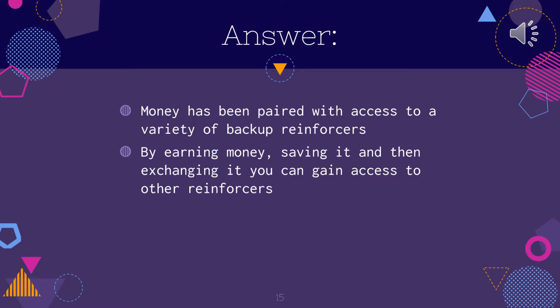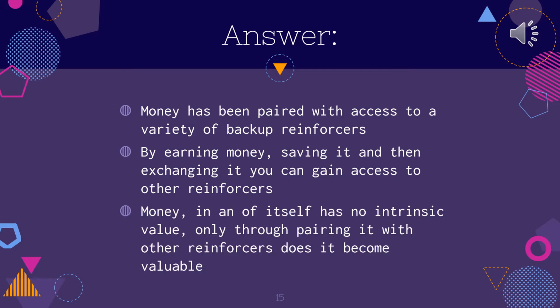Money, in and of itself, has no intrinsic value. Only through pairing it with other reinforcers does it then become valuable to us. On your homework sheet, fill in the answer, money has been paired with access to a variety of backup reinforcers. I'll give you some time to get that answer filled in.